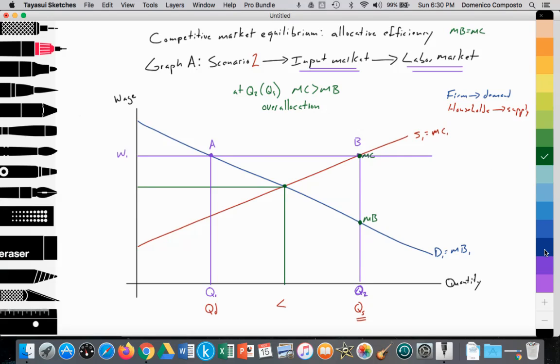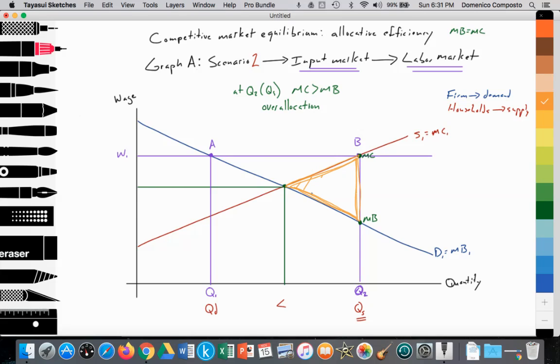The welfare loss is this triangular area here. Society is seeing a waste of labor being provided into the labor market where it's just not being demanded.